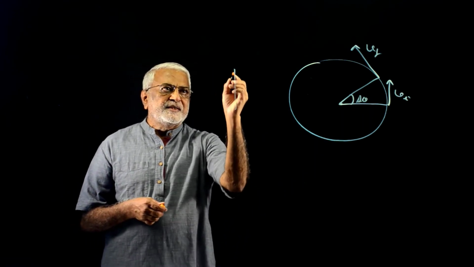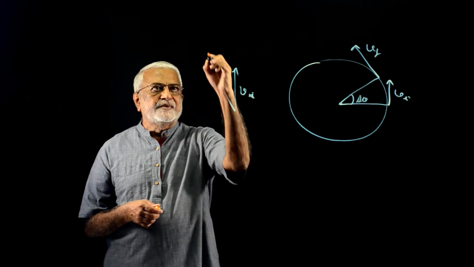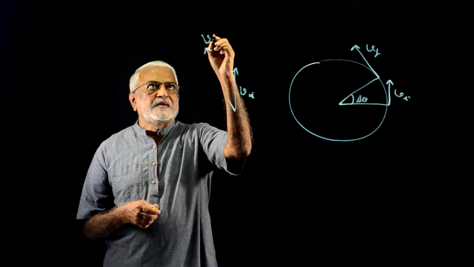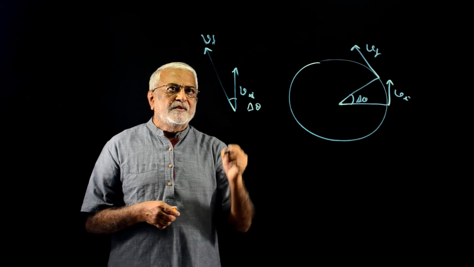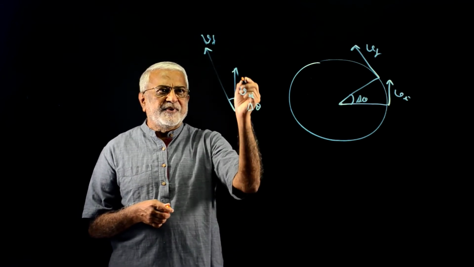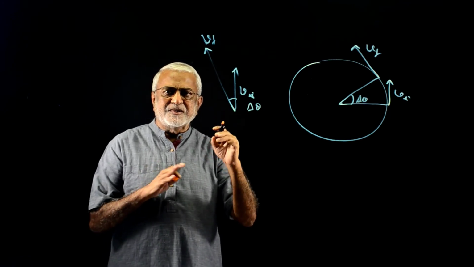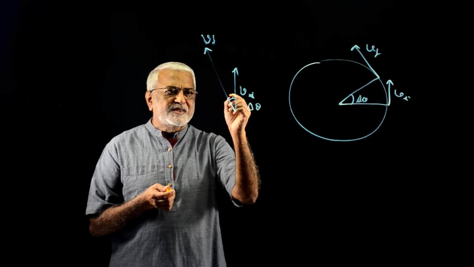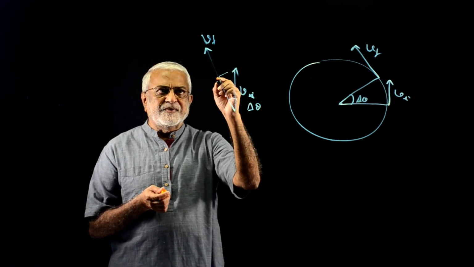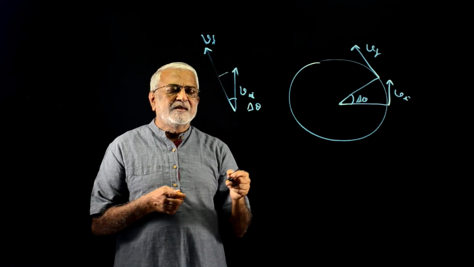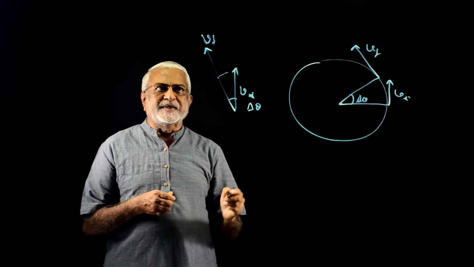So this is vi, this is vf, this is delta theta. We've done this earlier. To find the change, we'll break it up into two parts: change in magnitude, change in direction. This angle is delta theta, so we'll cut off from vf a length equal to vi. We just did this a little earlier. So this is vi. So this is vf minus vi.